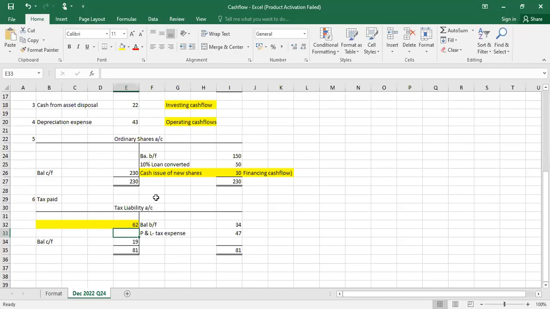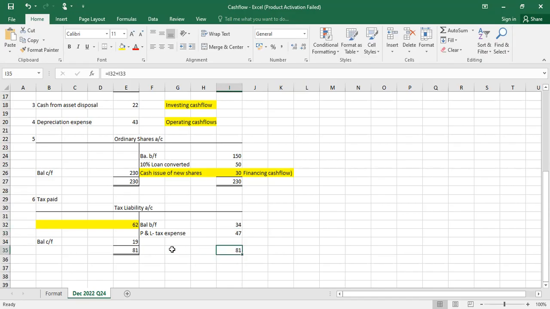So what is possibly this 62? Just before that, yeah? We started the year with a tax liability of 34. During the year, we incurred more liability, more tax expenditure, 47. So in total, we ended up with 81.